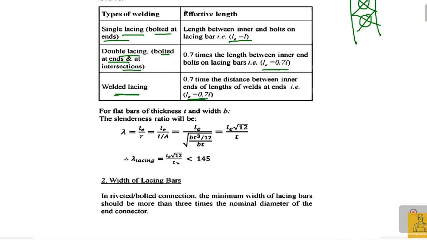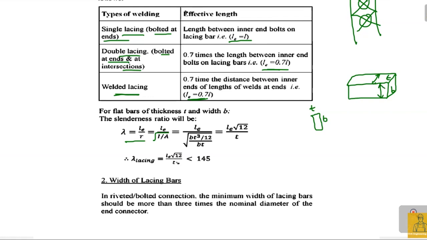So you know how to calculate this slenderness ratio. Slenderness ratio is equal to Le by r, where r is root over I by A. Lacing bars have a rectangular cross section. If you take the thickness as t and width as b of the lacing bar, this is b, and this is the thickness, t.